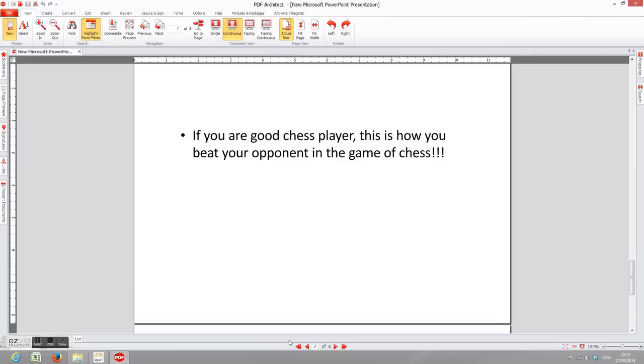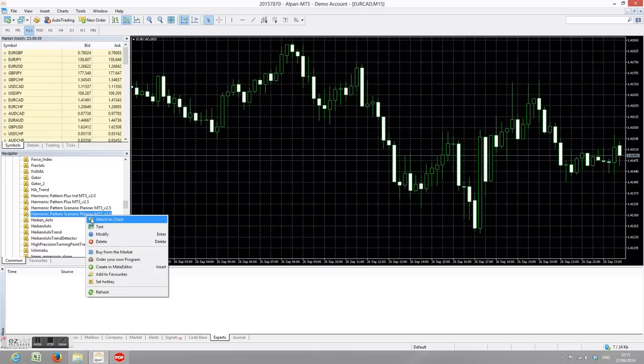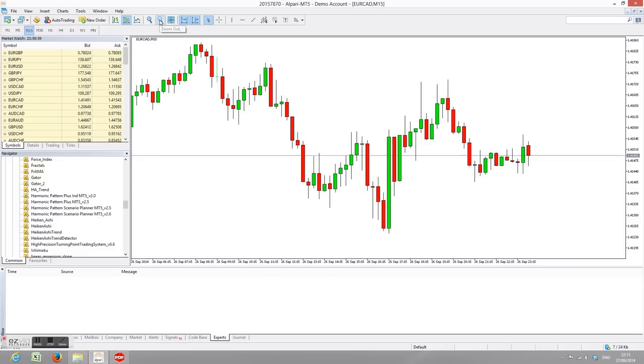Now let's look at our actual indicator. I will load this Harmonic Pattern Scenario Planner MT5 to the chart.